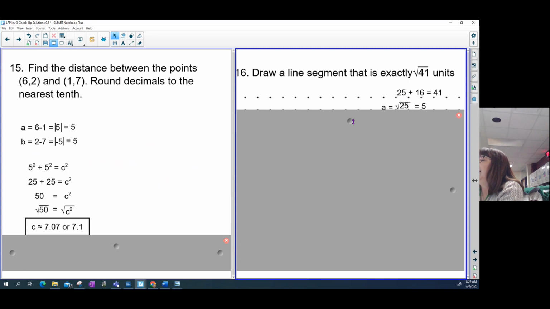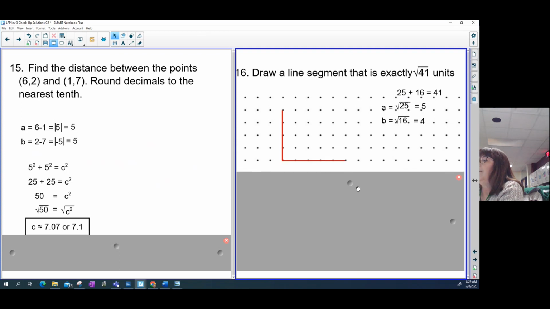So I need a side length of 5 and a side length of 4. So if I did my 1, 2, 3, 4 here and 1, 2, 3, 4, 5 here, that line that connects those, this line right here, is exactly the square root of 41 long.